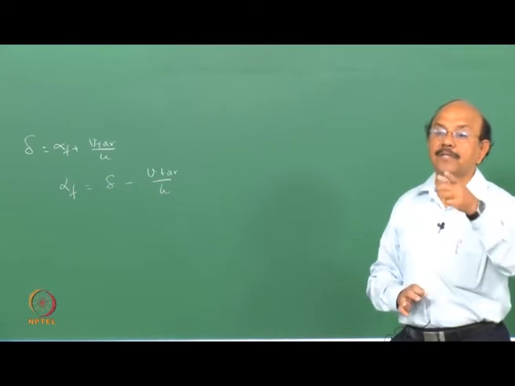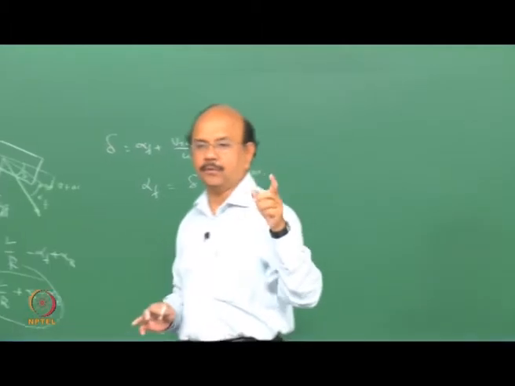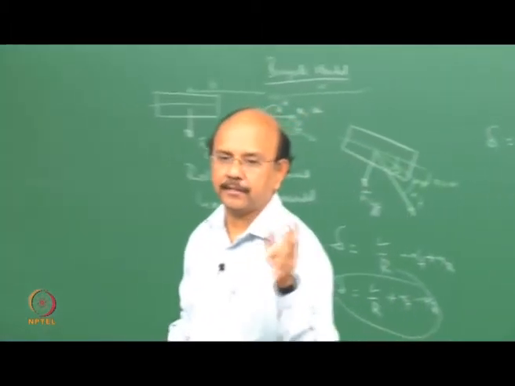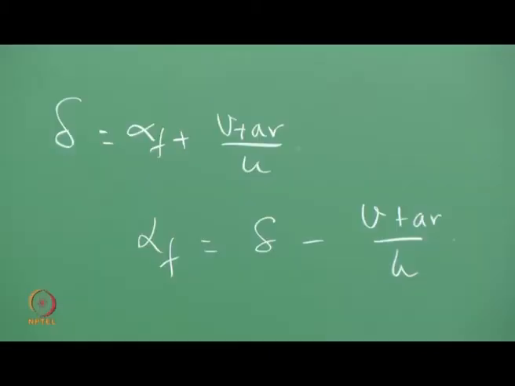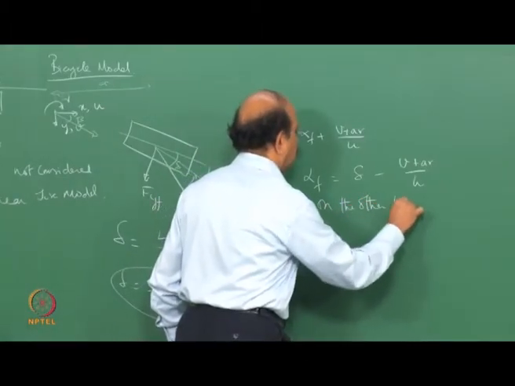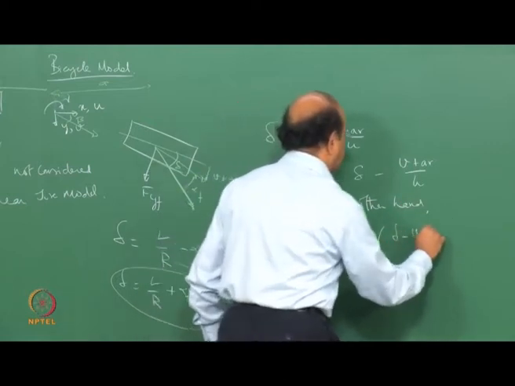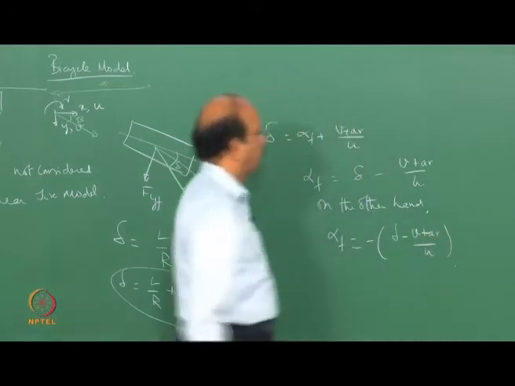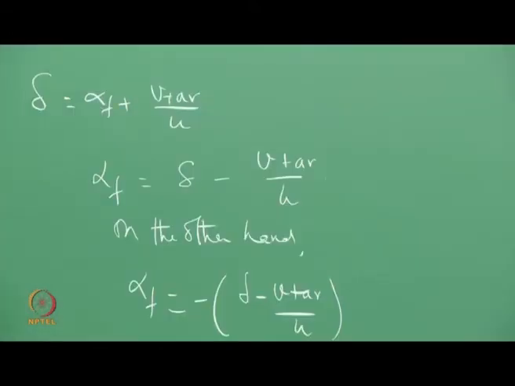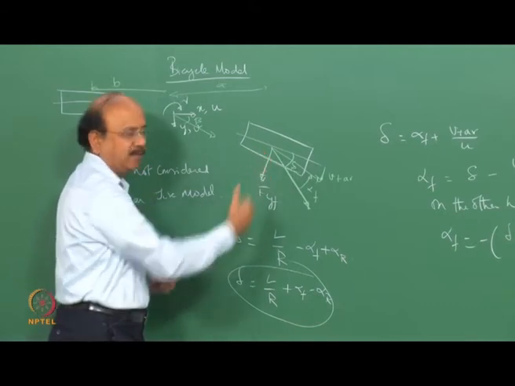Now, how did we write it? Alpha is equal to minus of delta minus V plus AR by U. That's how we wrote it. But on the other hand, we wrote alpha f is equal to minus delta minus V plus AR by U. Simply because that minus sign is given, because if I now consider alpha f, it is outside, which is actually negative, and that's why this negative sign.